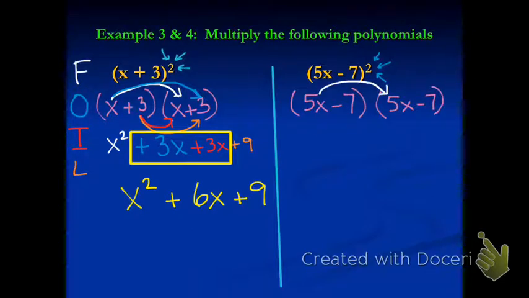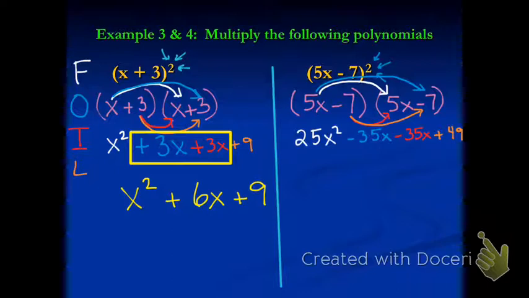Now 5x times 5x would be 25x squared. 5x times a negative 7 would be negative 35x. Negative 7 times a positive 5x would be negative 35x. And then negative 7 times negative 7 would be positive 49.